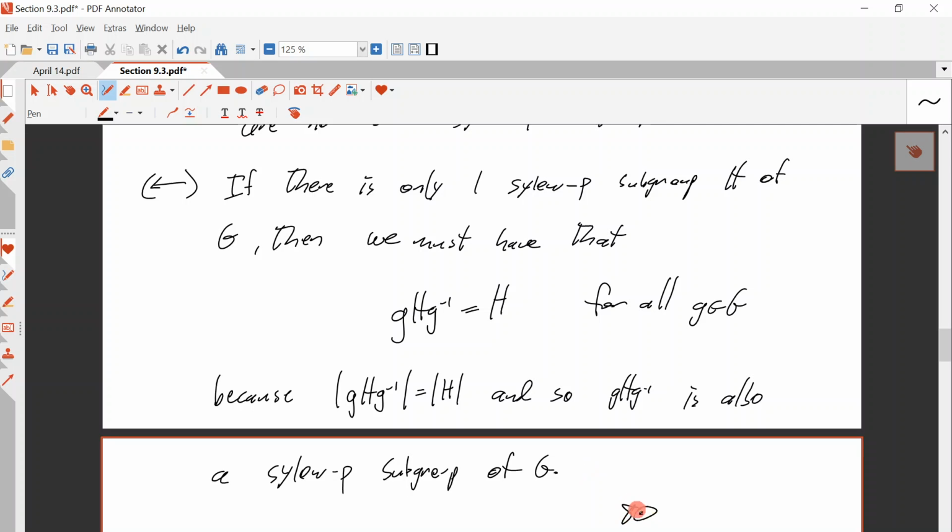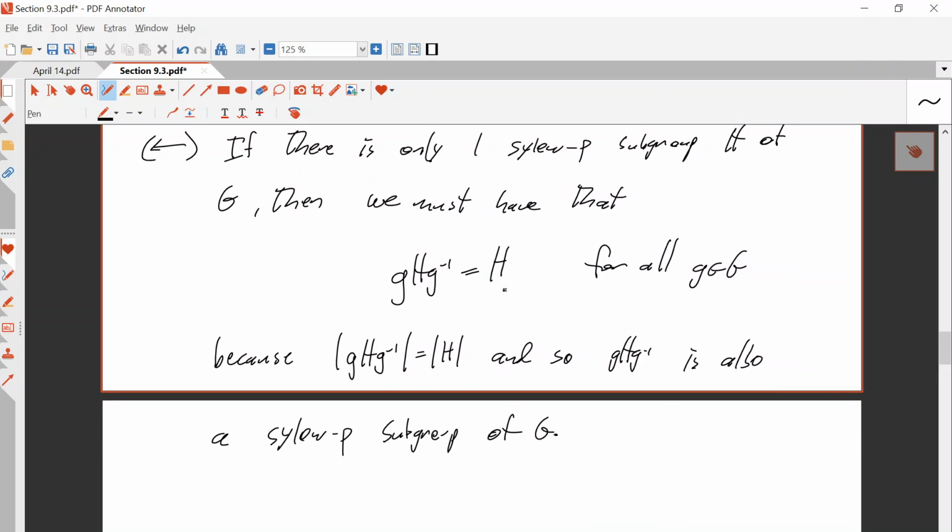You know, for groups of order 80, Sylow 2-subgroups have order 16. So if this is a Sylow 2-subgroup of order 16, this is also a subgroup of order 16, so it's a Sylow 2-subgroup. But if there's only one Sylow 2-subgroup, then it's going to be normal, because it's going to satisfy this for every g in G.